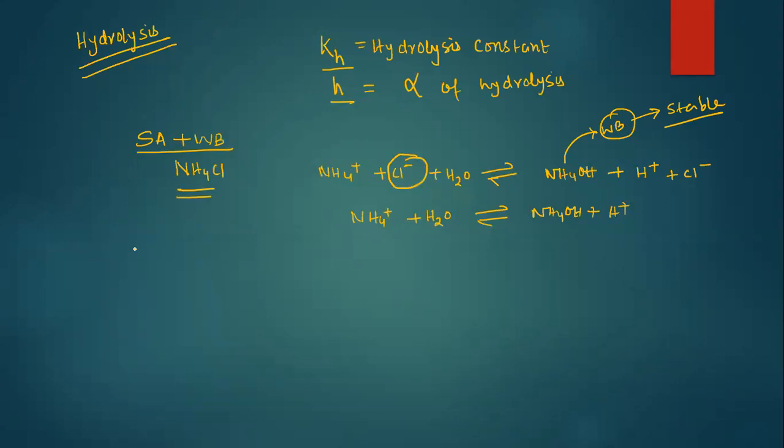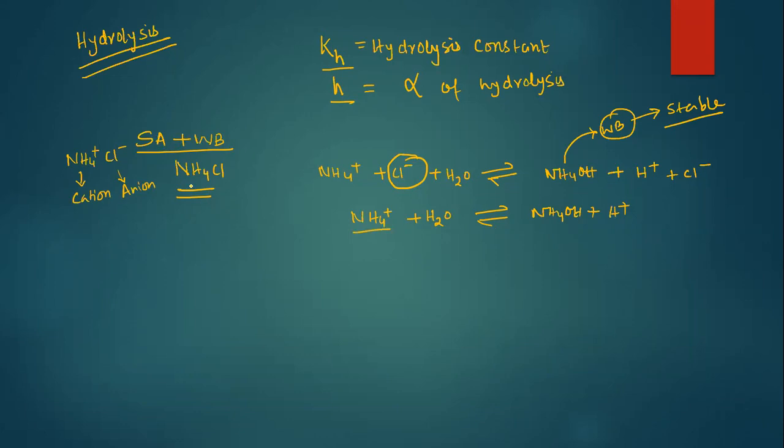NH4 plus. Any ionic compound like this is composed of two things, NH4 plus and Cl minus. This is called the cation and this is called the anion. So which got hydrolyzed? The cation got hydrolyzed.